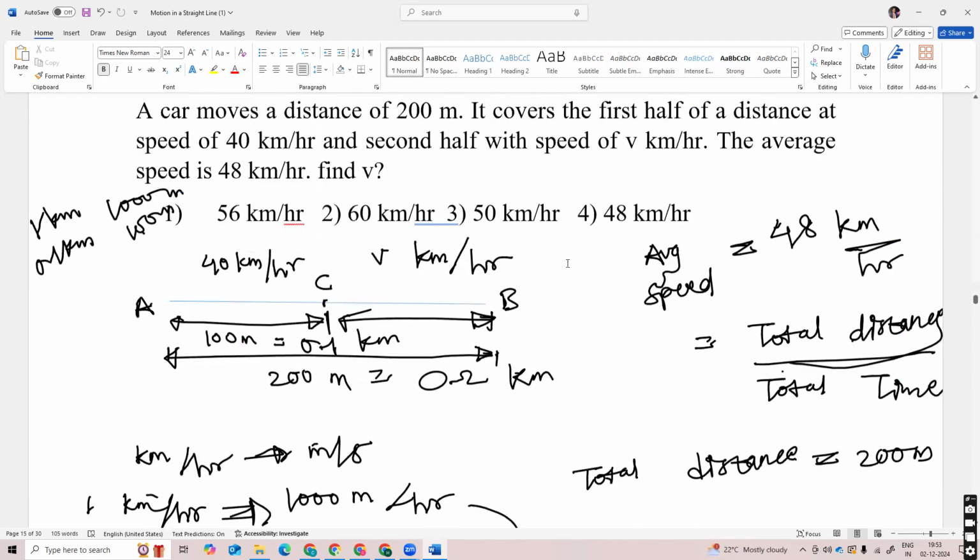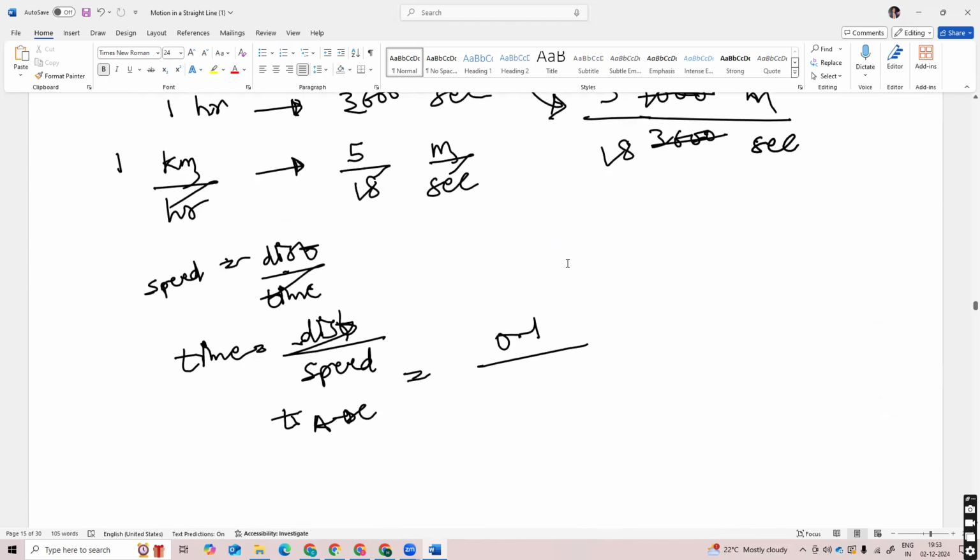The speed in this case was 40 kilometer per hour.